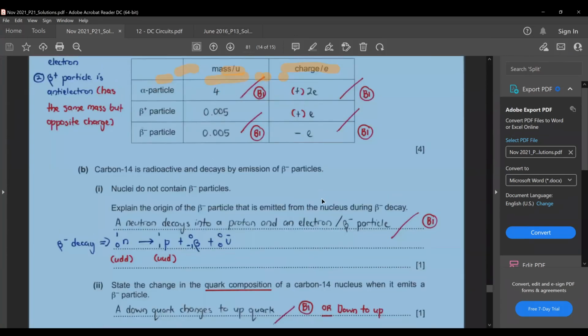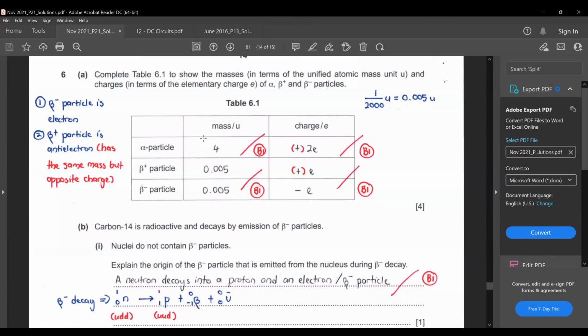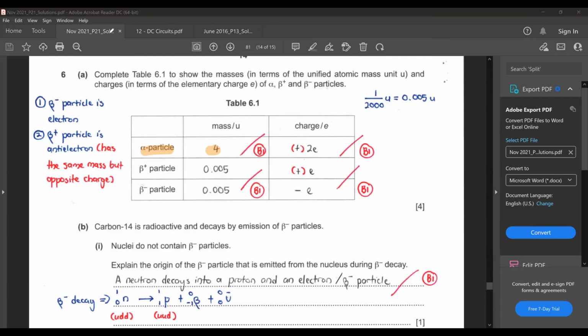This one should be quite straightforward since we just recently went through particle physics. So for the alpha particle, we know the mass is going to be 4U, because an alpha particle is alpha 4 2, which is the same as helium 4 2. So the mass of the alpha particle is just 4U.